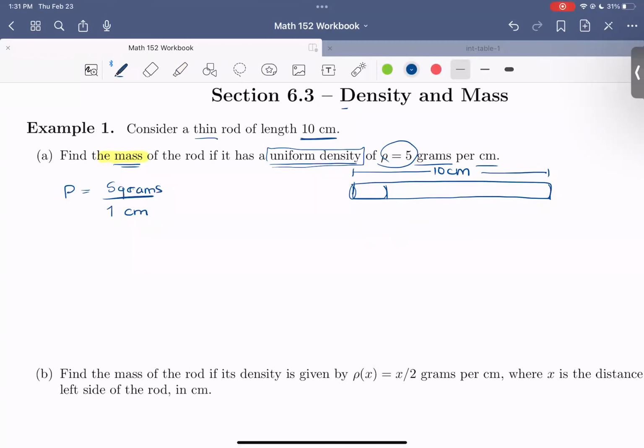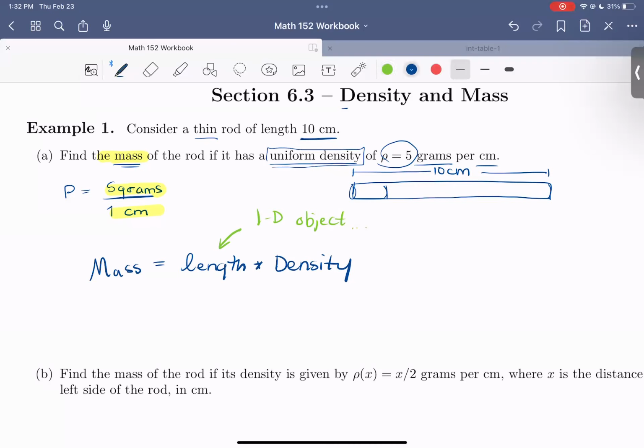Because density is a rate of mass per unit, in order to find the mass, we can just multiply the total length by the density. And again, we're using length here because we have a one-dimensional object.